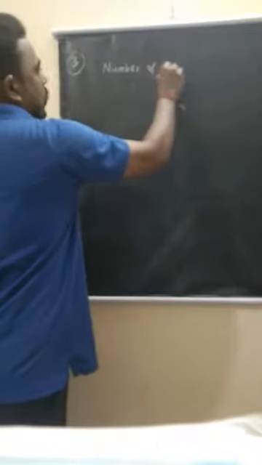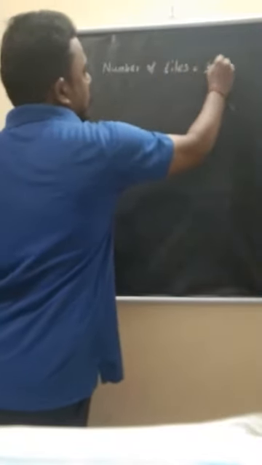Next problem. Actually given, the floor of the building consists of 3000 tiles. Number of tiles equal to 3000 is given, which are rhombus shaped. Each of its diagonals are 45 centimeter and 30 centimeter in length.